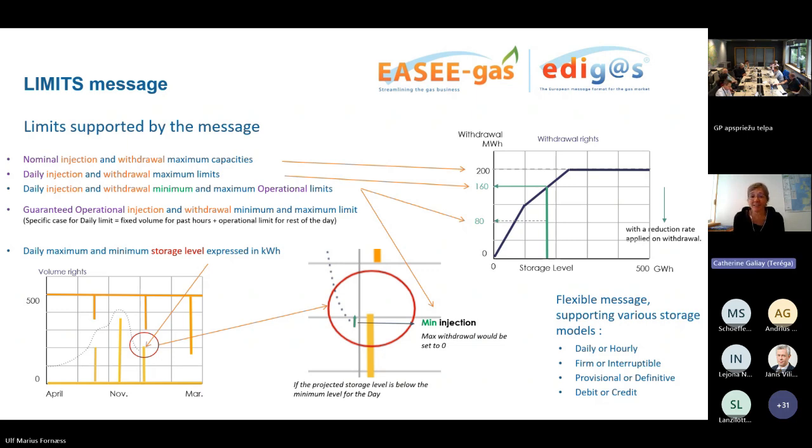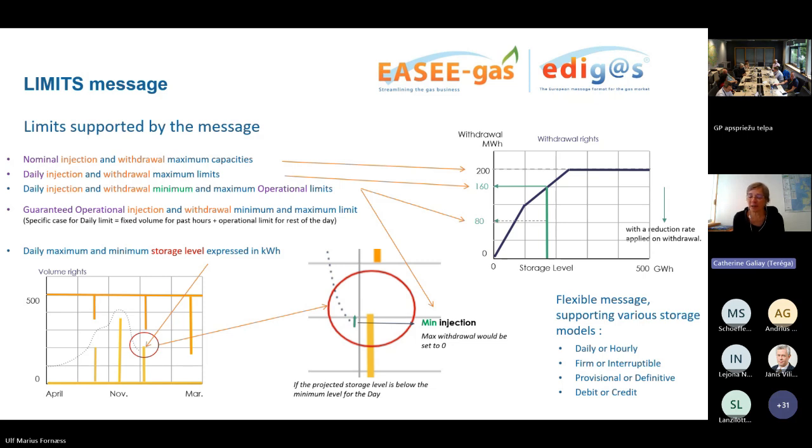We created the limit message to be flexible enough to adapt to different operators' needs, product needs and contract needs. Maybe we forgot something, so don't hesitate to ask for it and to come into the group to discuss it.